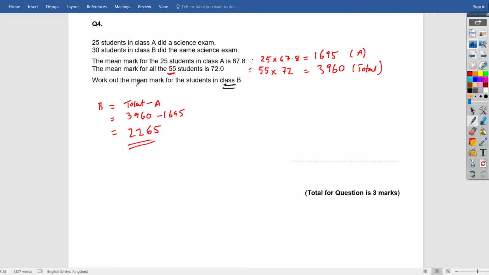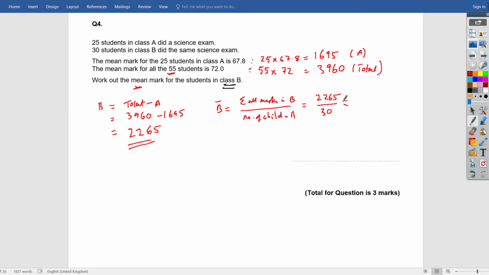So the average, the mean mark, don't forget, is the sum of all marks in Class B over the number of children in Class B. So the total marks in B was, as we just worked out, 2,265, and the number of students in B, there were 30 students.